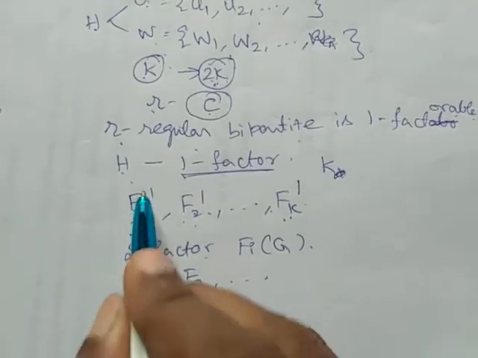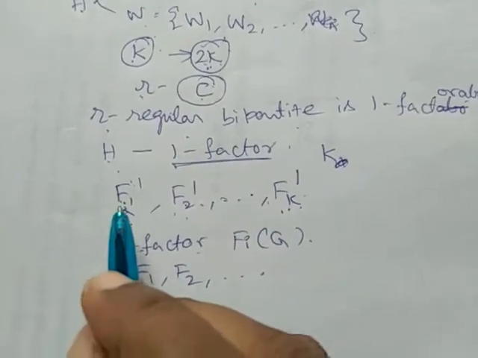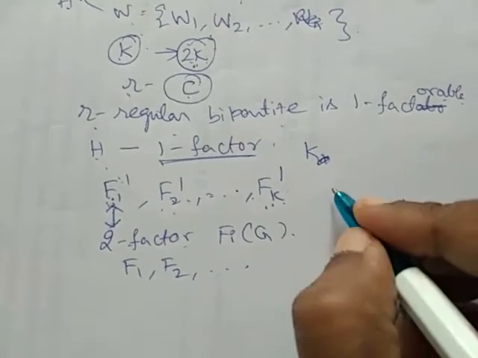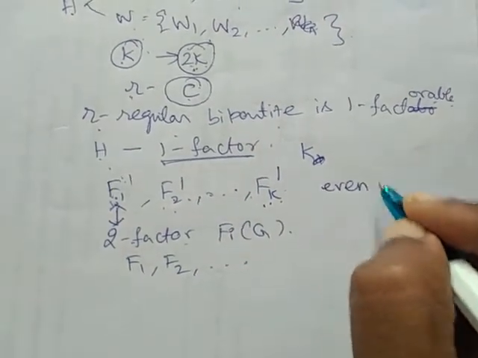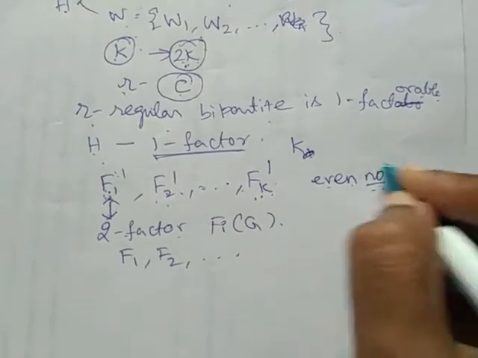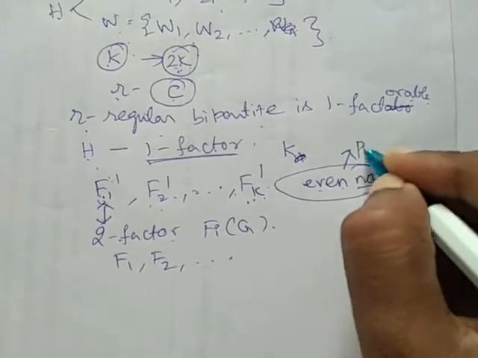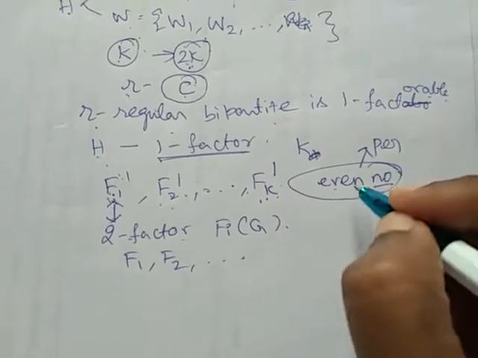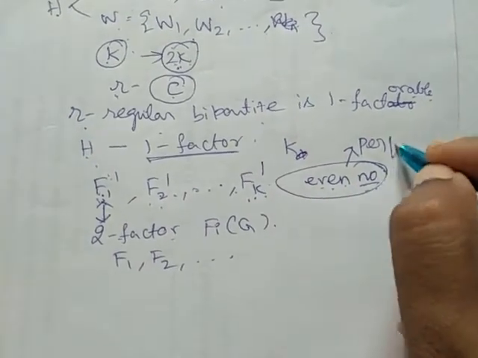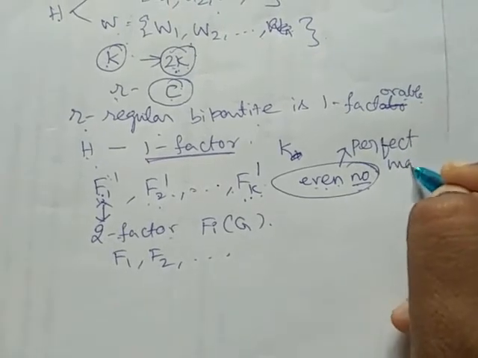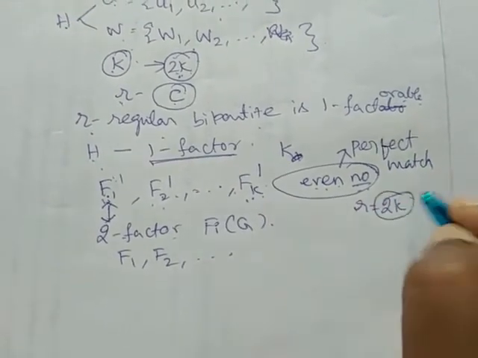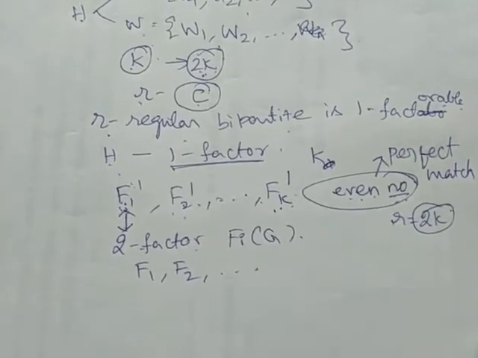Since each fi dash is a one factor, each one factor is a perfect matching of H. Whenever we have an even number of vertices, it has a perfect matching. If it has an odd number, it does not contain a perfect matching. We have considered R as 2k, even. Therefore, it has a perfect matching.